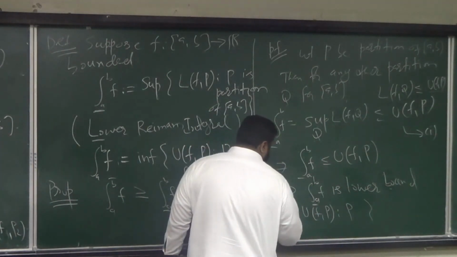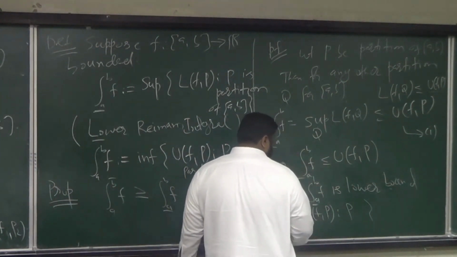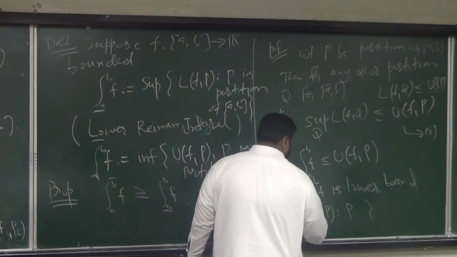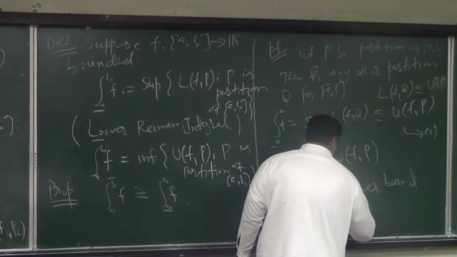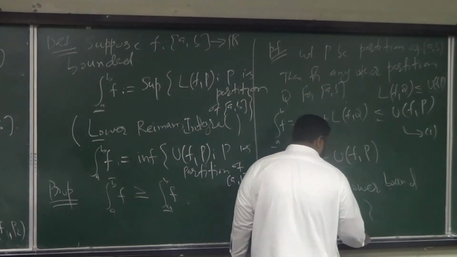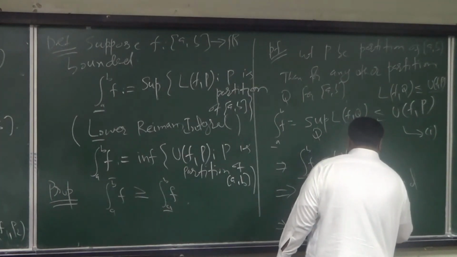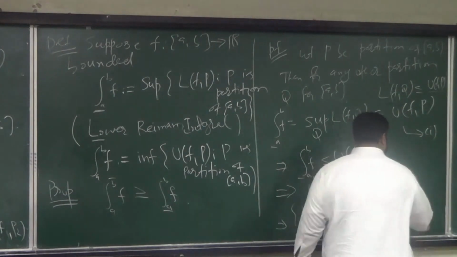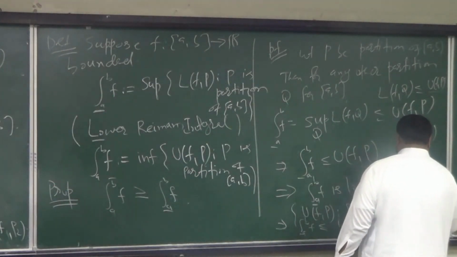So this implies that the lower integral from a to b of f should be less than or equal to the infimum of this set, UFP where P is a partition of [a, b], which is equal to the upper Riemann integral.